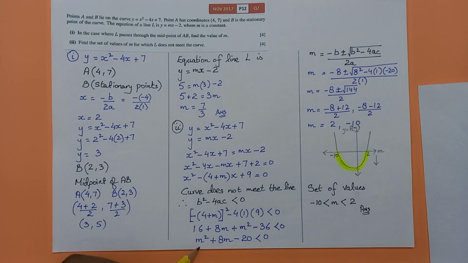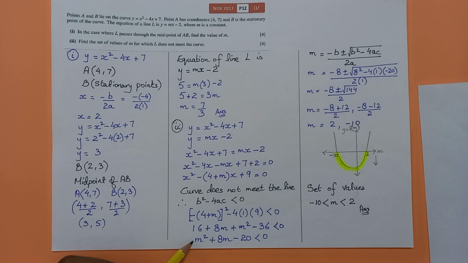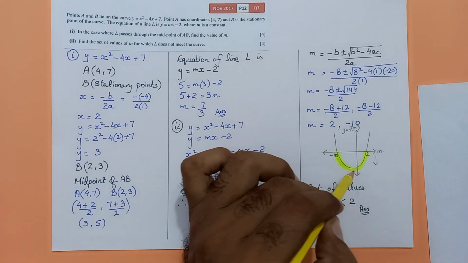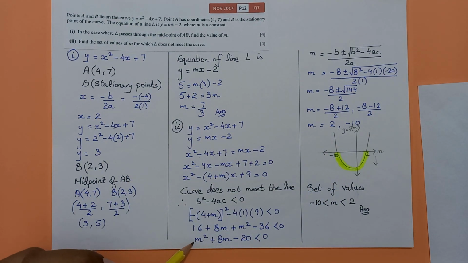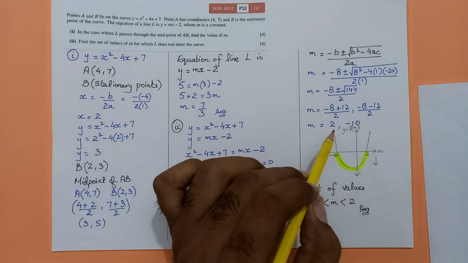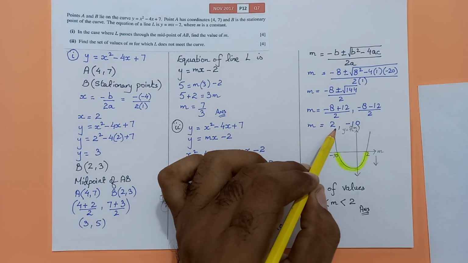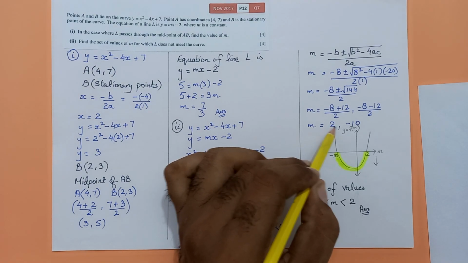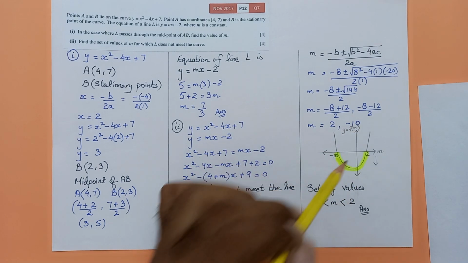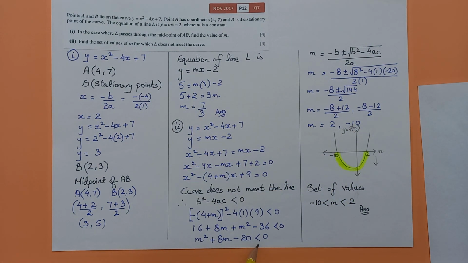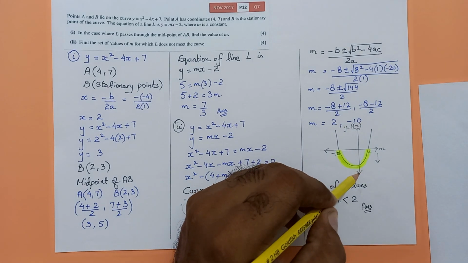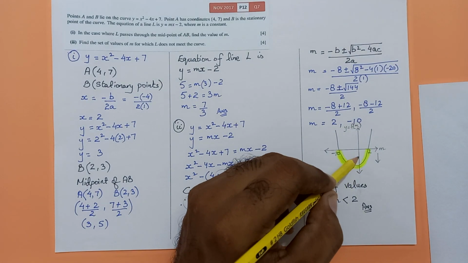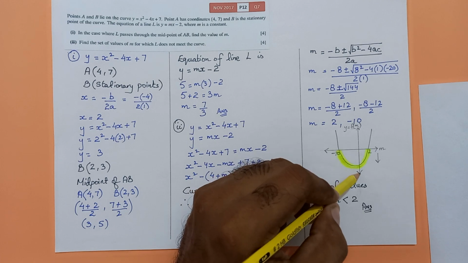The coefficient of m² is positive 1, therefore if we draw a sketch it would be a U-shaped curve, and the m values, representing the x coordinates, are 2 and -10, so 2 here, -10 here, and finally the inequality is less than 0. Less than 0 means negative y, so we need those values which would result in a negative value of y.